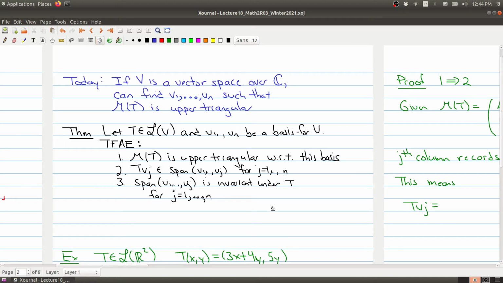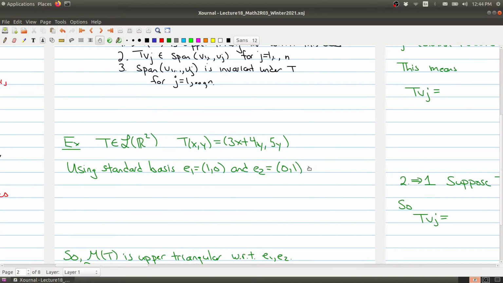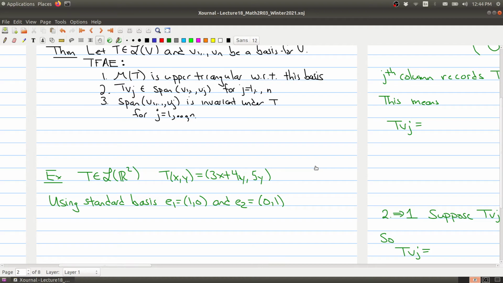Before proving it, and we'll leave the proof for the next part, let me give you an example of this theorem in action. Here's my linear operator, defined from R2 to R2, which takes the pair (x, y) to (3x plus 4y, 5y). We're going to use the standard basis and show that it actually works in this case. We'll check the condition on spans.